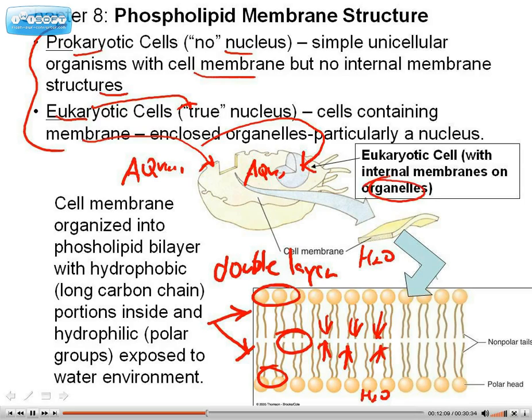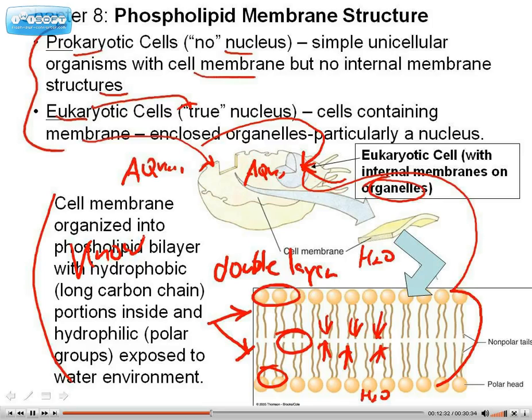And each one of these has a membrane composed of the double phospholipids, as you see down here. So make sure you know these general terms. If you've taken biology before, this is fairly straightforward. If not, make sure you memorize.